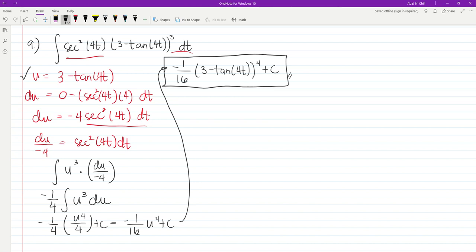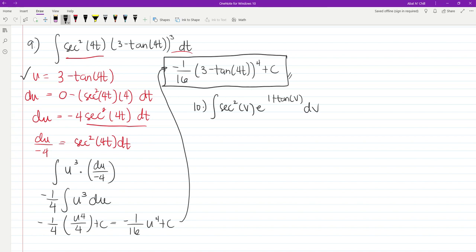And for our last problem for this video, the integral of secant squared v times e raised to 1 plus tangent of v dv. It can look so complicated, but it's not. As I've said, we only have to choose one u here.